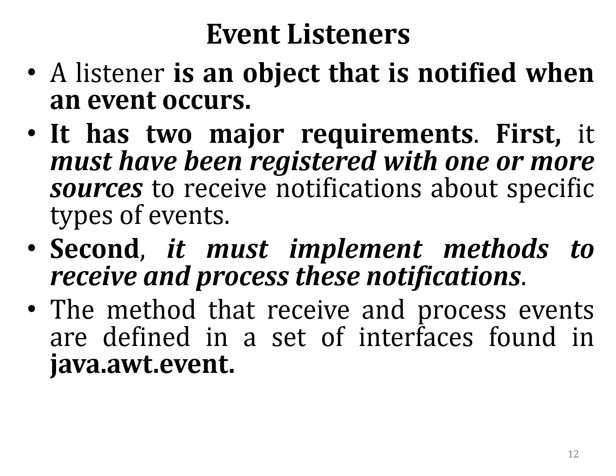For example, we may have two different buttons, or one button and one scroll bar, or one button and one list box, to receive notifications about the specific type of events. Second, it must implement methods to receive and process these notifications. So we need to register first, and then implement the particular method to process the notifications.